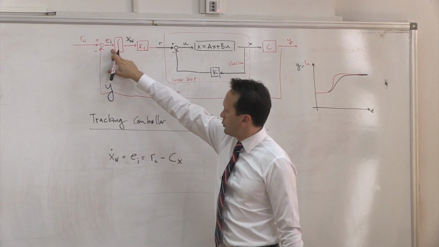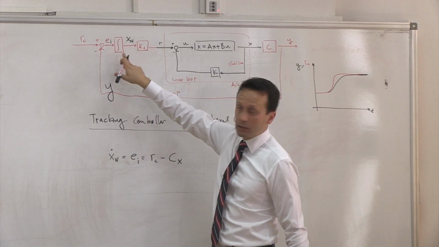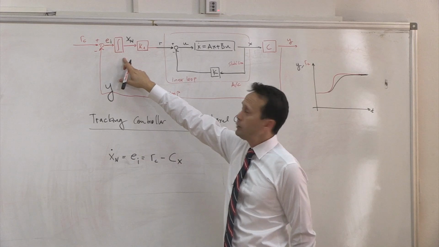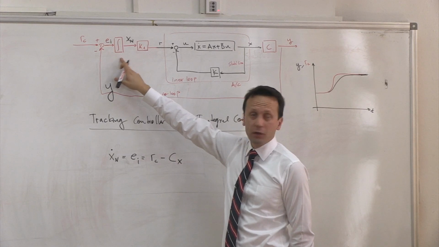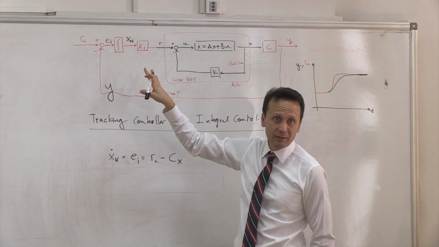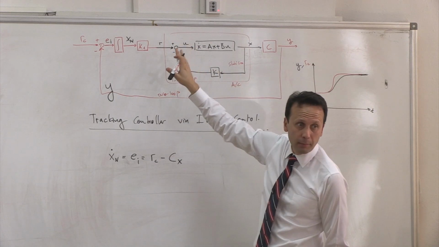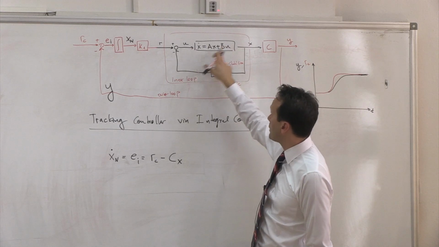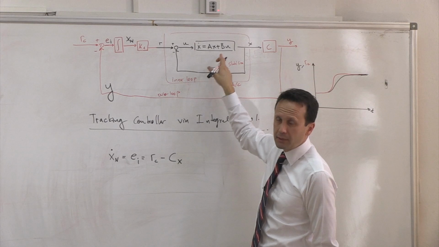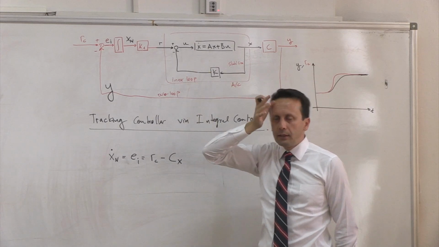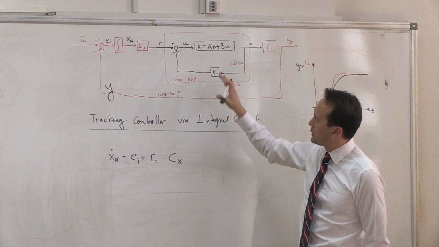Xn dot is equal to EI, because this is the integral, right? I could have written 1 over S as an integral, but I don't, because I'm not writing this in the Laplace domain. This is a block diagram, but I have signals, and this is a state space representation. So it's not really a block diagram in Laplace domain.